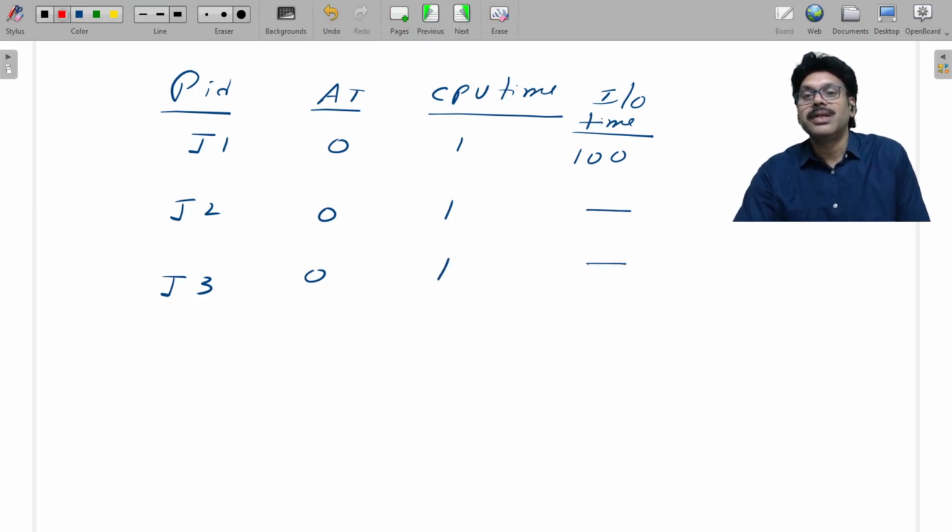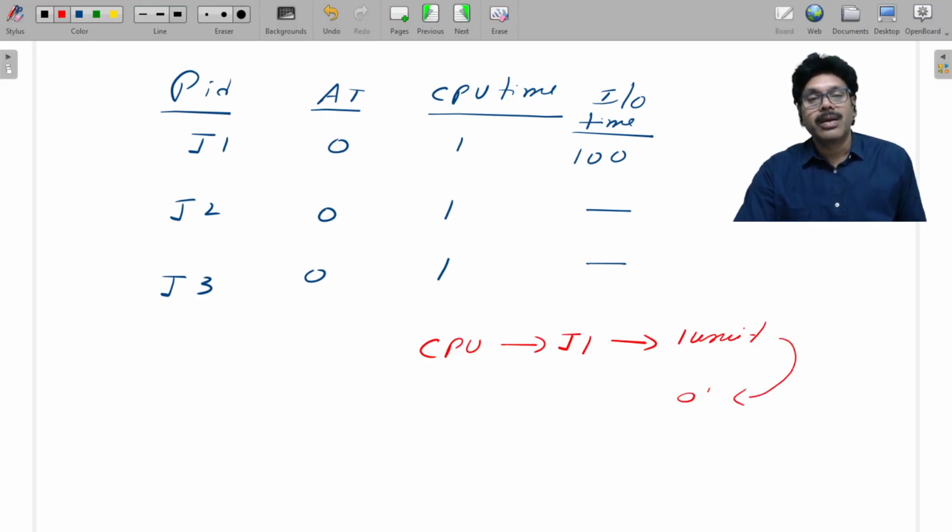So what is the visual here? Right now the CPU consists of J1. It executes 1 unit, then immediately the OS will send J1 to IO because it needs IO bus time also.